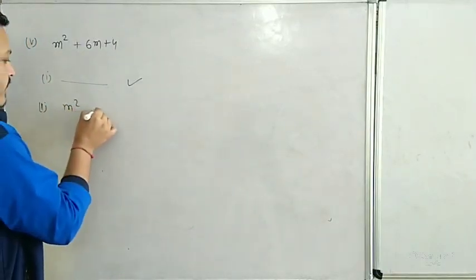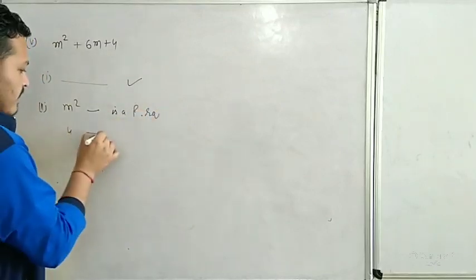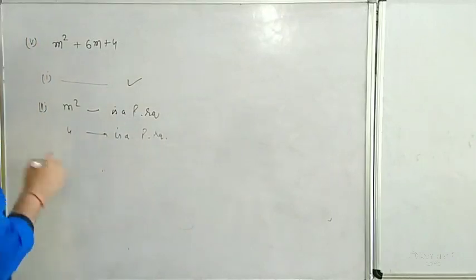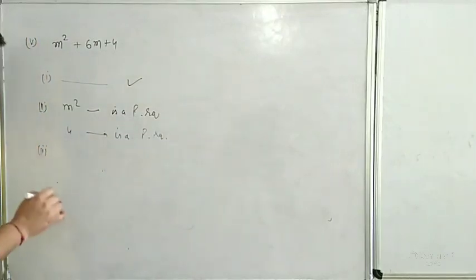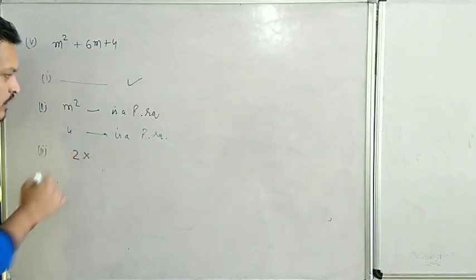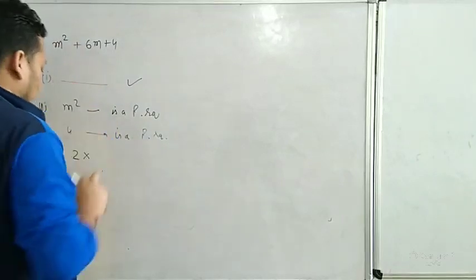So m square is a perfect square. Next, 4 is a perfect square. Now what is our third condition? Third condition will be twice the product of the square roots of the 2 terms is equal to the remaining term.